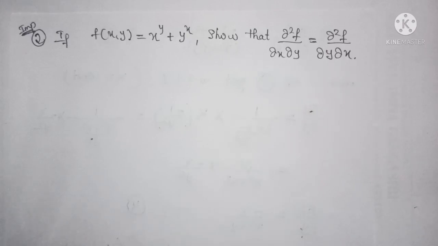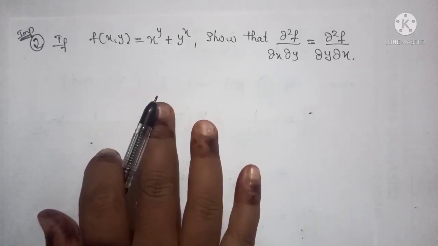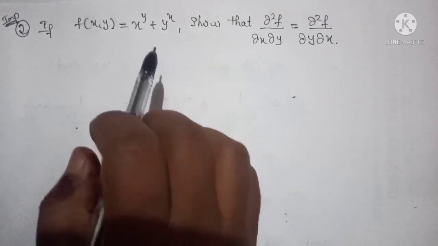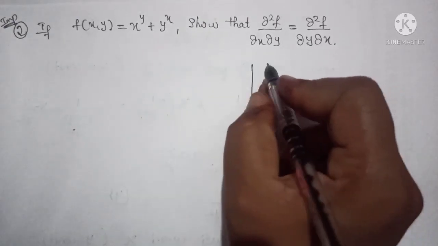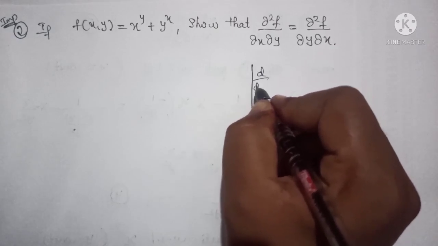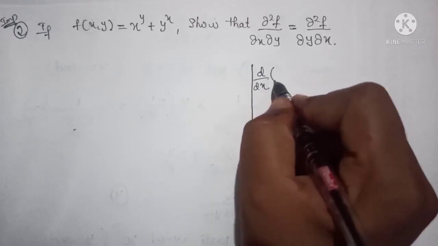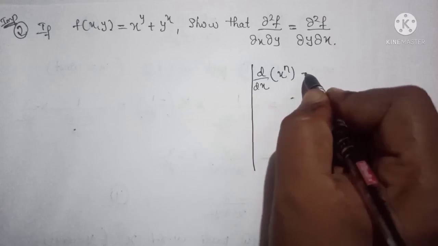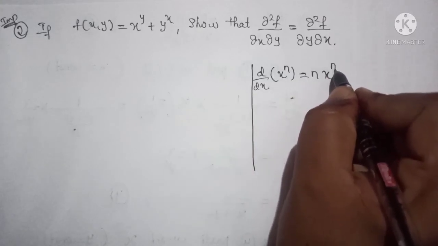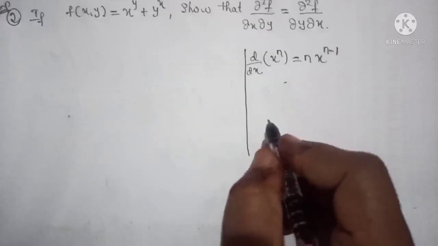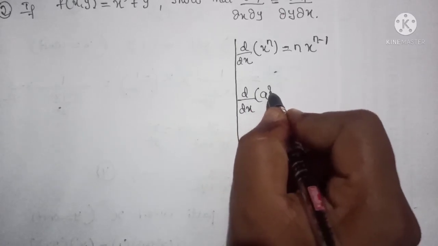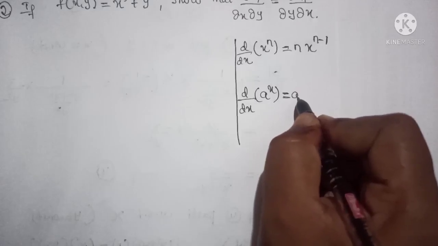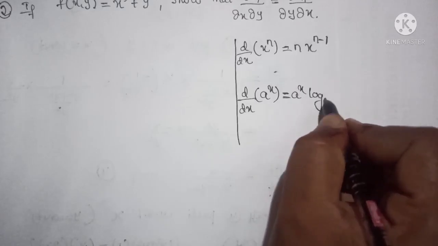Here first we must recall the two formulas. In ordinary differentiation, the derivative of x raised to n is n into x raised to n minus 1, right? Also the derivative of a raised to x is a raised to x into log a.